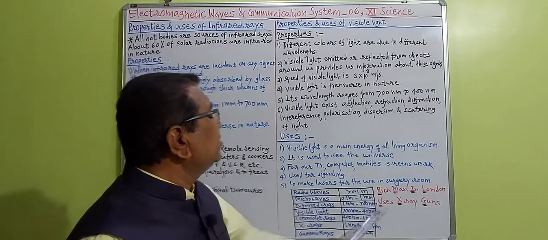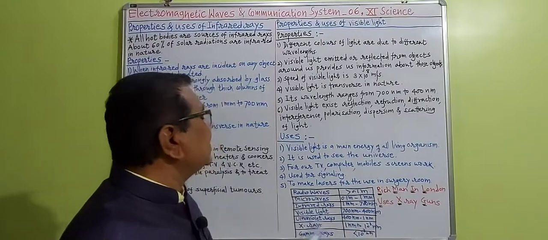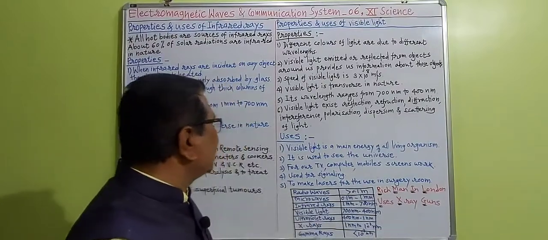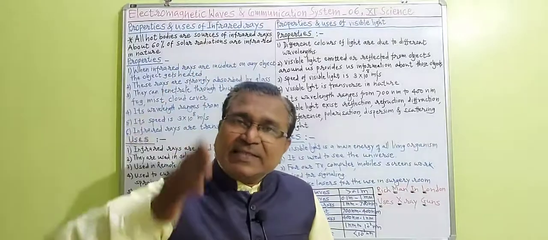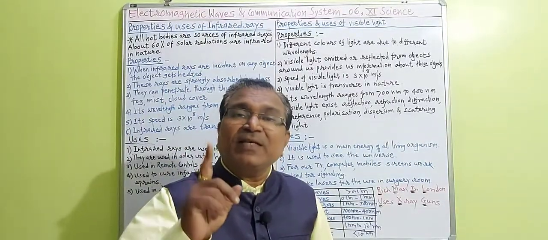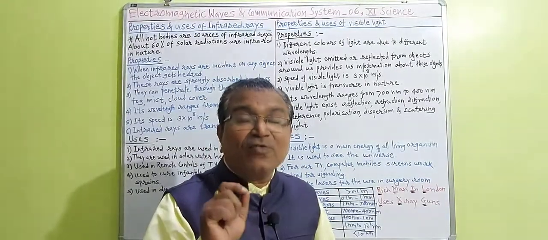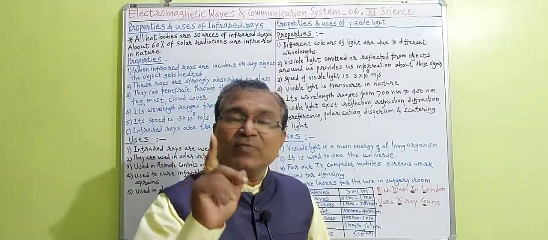Visible light. U stands for ultraviolet rays, X stands for X-rays, and G stands for gamma rays. In this way, we can easily write the series of electromagnetic waves with this interesting sentence, and see how the range of wavelength is to be remembered.